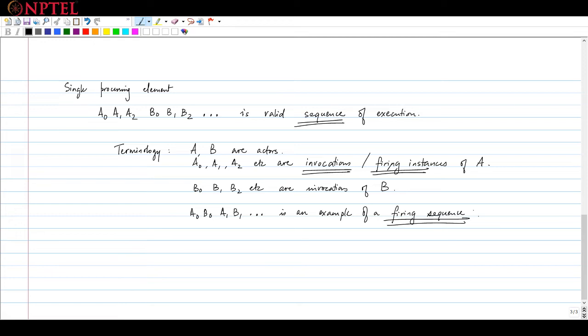Just like I said, A0, A1, A2, B0, B1, B2 is a valid sequence of execution. A0, B0, A1, B1 is also a valid sequence of execution. Another term for it is firing sequence.